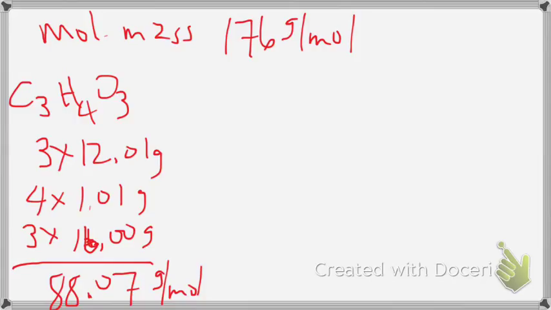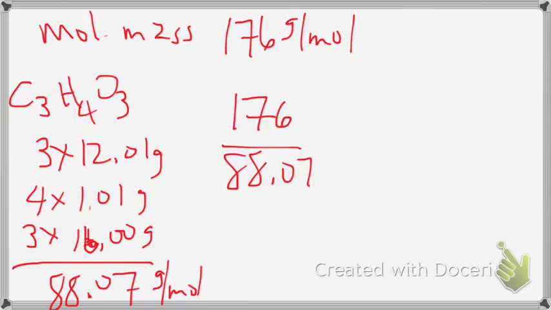So if you notice, the empirical formula would weigh 88.07 grams per mole, but the molar mass of vitamin C is 176. So if we take 176 and divide that by 88.07, we get 2. So that means that the molecular formula is going to be 2 times the empirical formula.